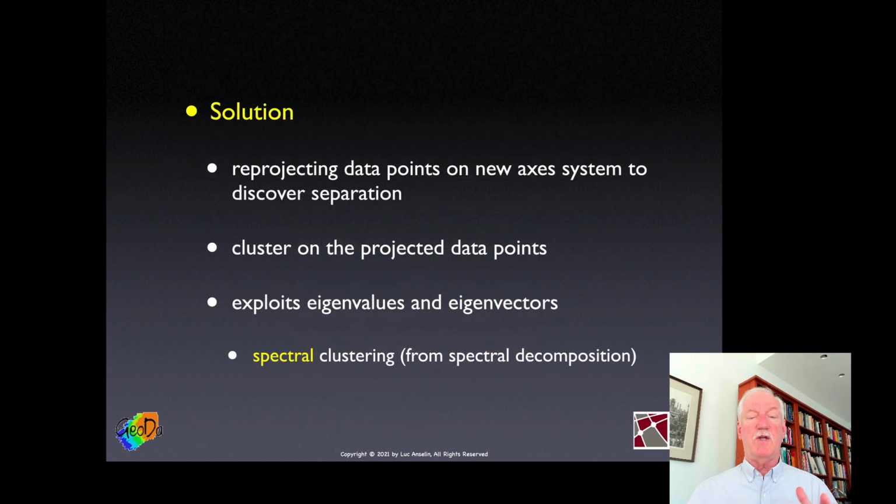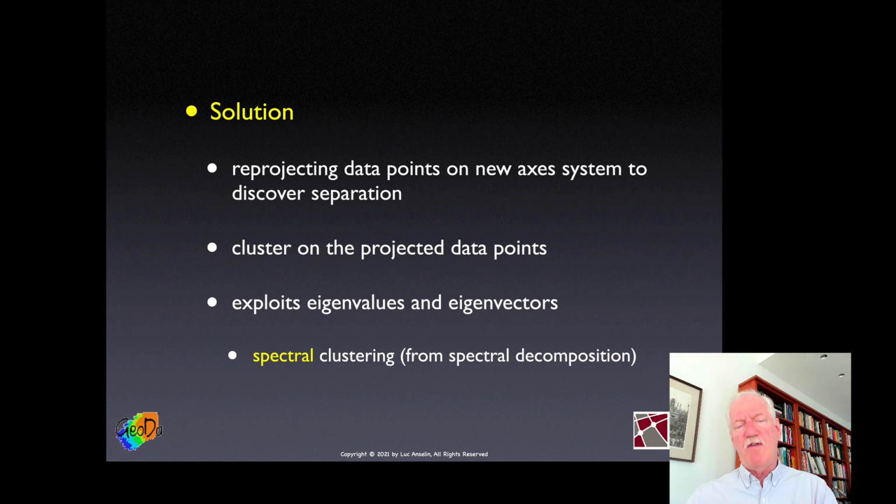So what is the logic behind spectral clustering? If you paid attention earlier, you would start thinking, oh, spectral, there it is again. We're going to be dealing with eigenvalues and eigenvectors, and that's exactly the case. Since the projection onto the regular coordinate axes doesn't do us any good in terms of separating out pieces of the data, we will reproject the data points on a new set of axes, and presumably on that new set of axes we can discover the separation into subgroups.